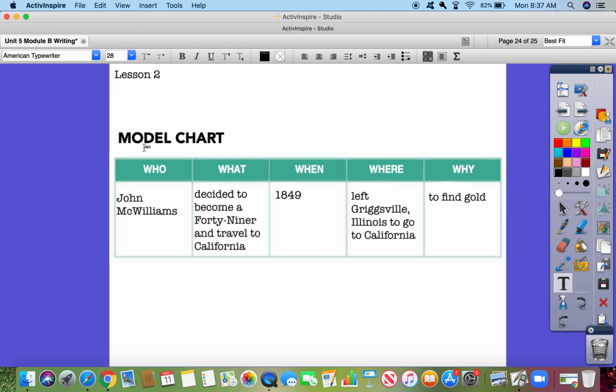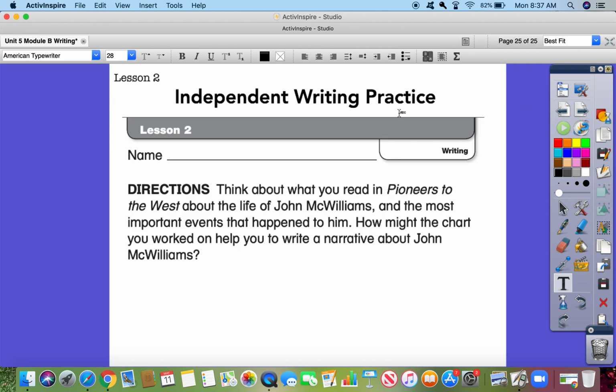So again, you can either use mine, or you can make your own at home on a piece of paper. So for independent writing practice in your online writing journal, think about what you read in Pioneers to the West about the life of John McWilliams and the most important events that happened to him. How might the chart you worked on help you to write a narrative about John McWilliams? So in case you need a sentence starter for this, I will type it below.